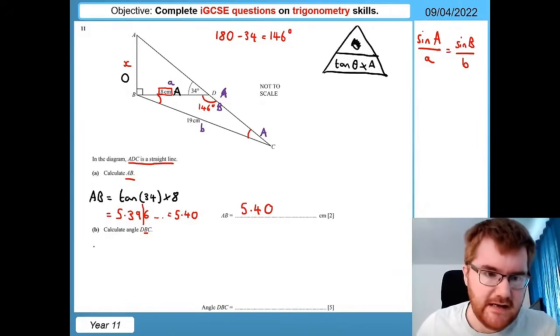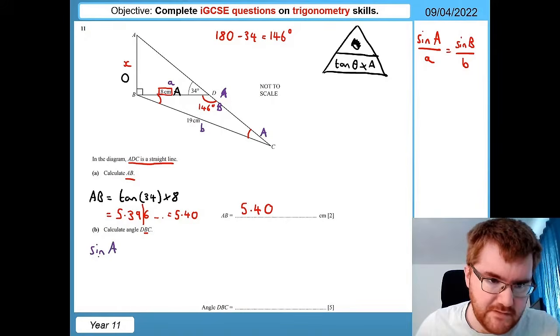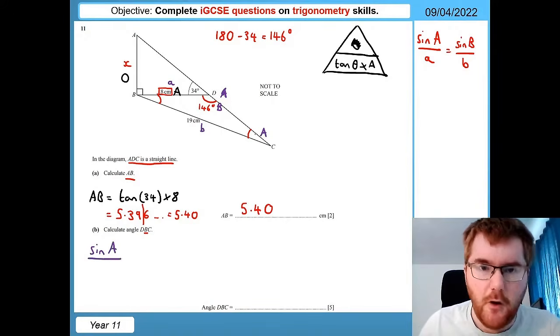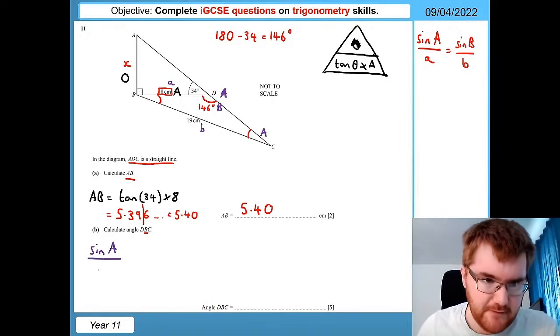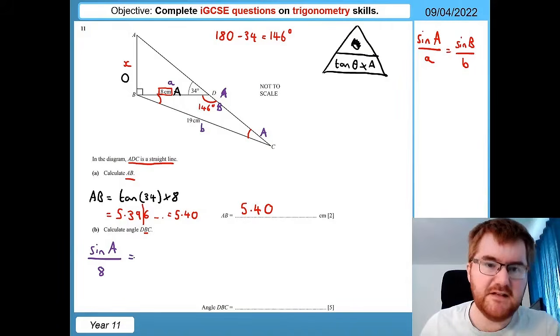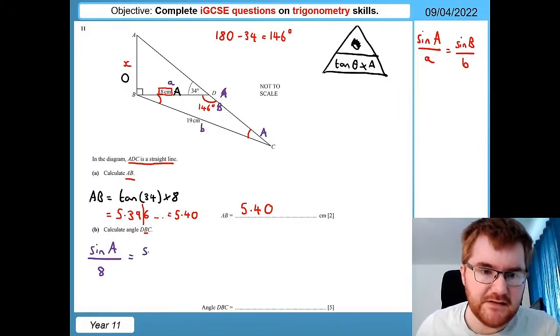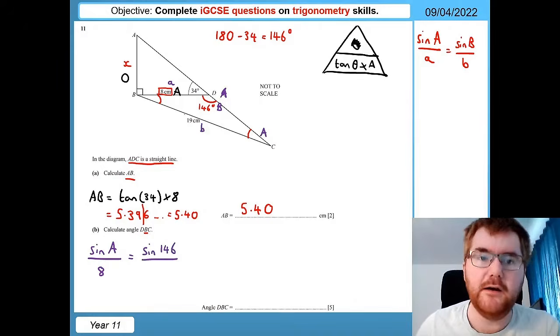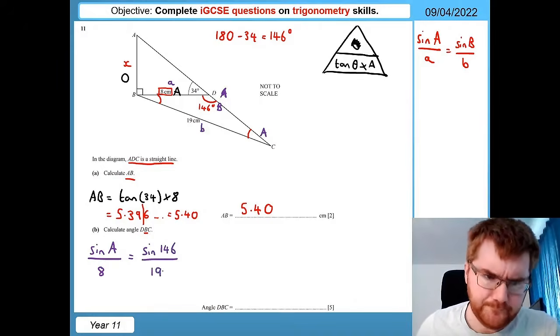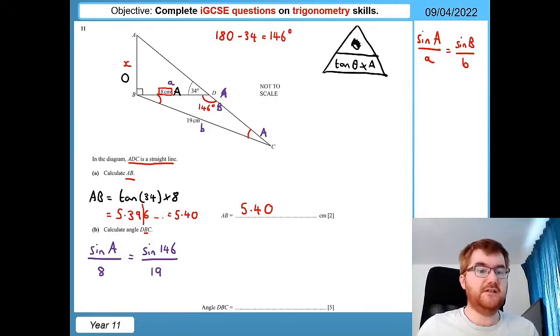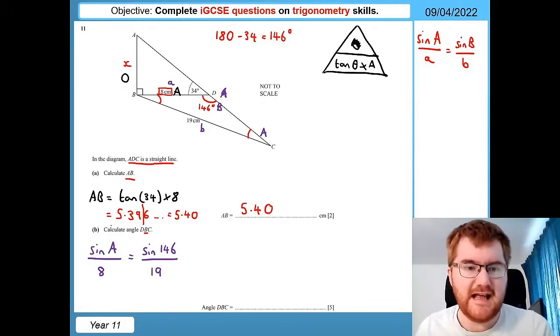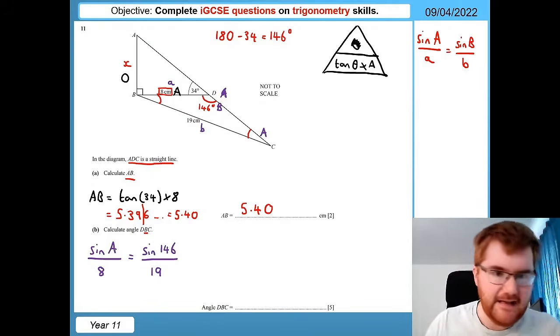So let's go through this process. We've got sine A divided by the side opposite it, so that's the 8 over here, and that's equal to sine of the angle here, so that's sine 146 divided by 19. Generally when I have this kind of problem, we want to try and get the A on its own, or the sine A on its own.